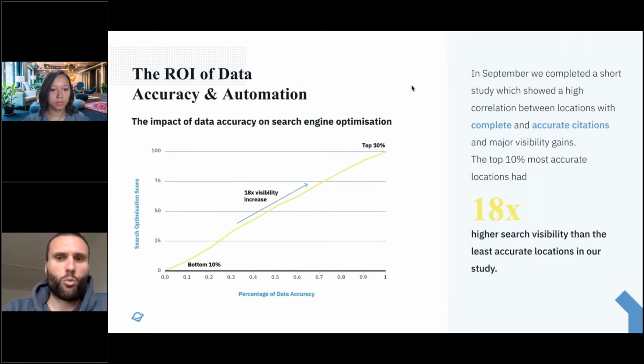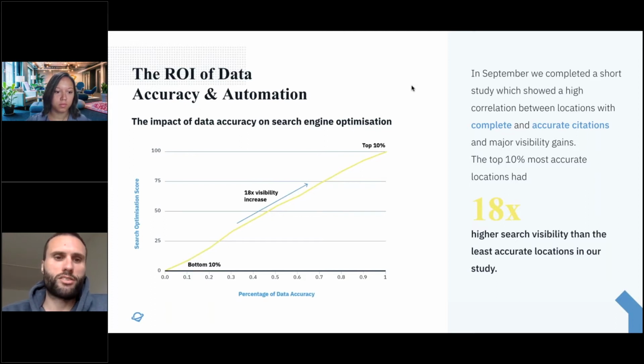We also did a study to understand the impact of this accuracy. What does it really mean? Well, we looked at the top 10% of the most accurate locations versus the bottom 10% of accurate locations, so we measured the extremes.